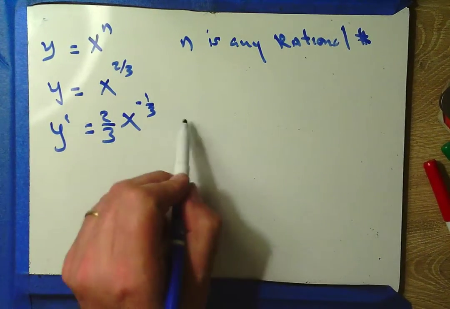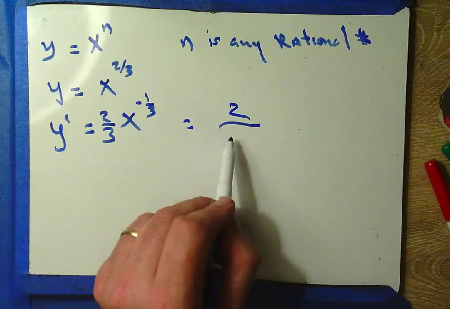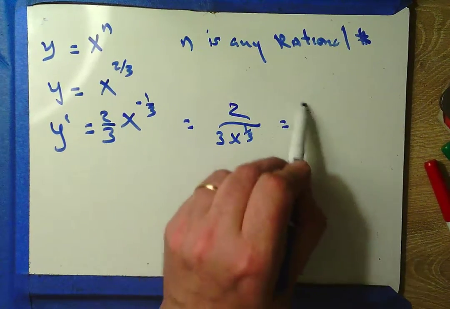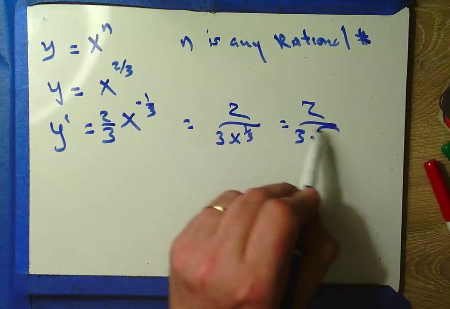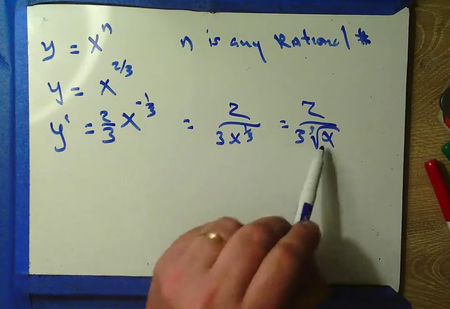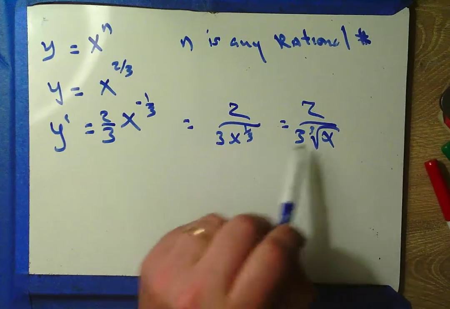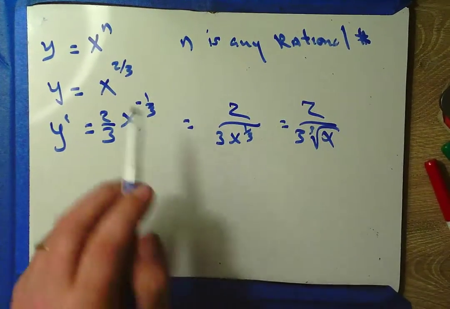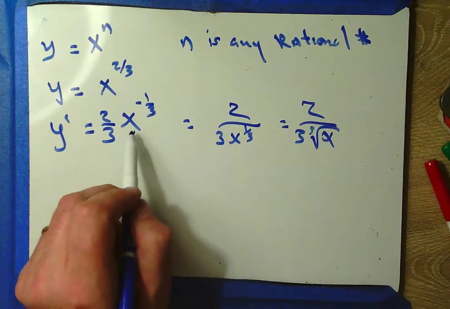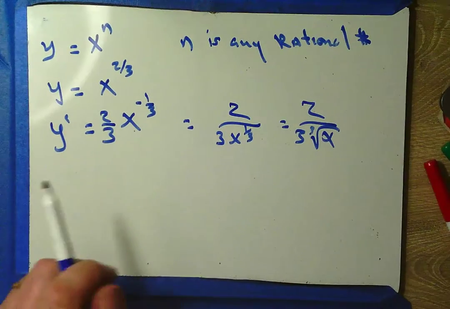This is going to be fine for us, but sometimes we see it written as this, and sometimes we see it written as this. And because multiple choice will happily do either of these, you should be comfortable with this. Now, for us, when we're in chapter 5, we're going to much prefer this representation of the derivative.